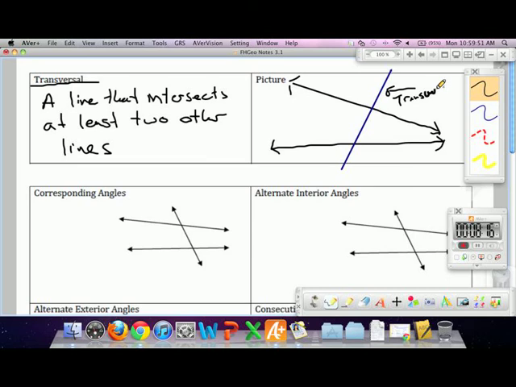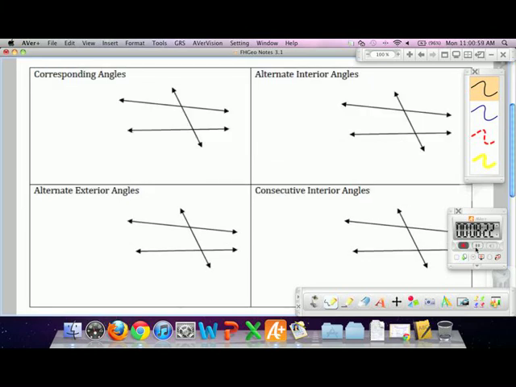Corresponding angles. If you have a picture like this, corresponding angles are angles that, quote-unquote, match up. They're in the same spot. Two ways to remember it: if you're a visual person, they make what's called an F pattern.